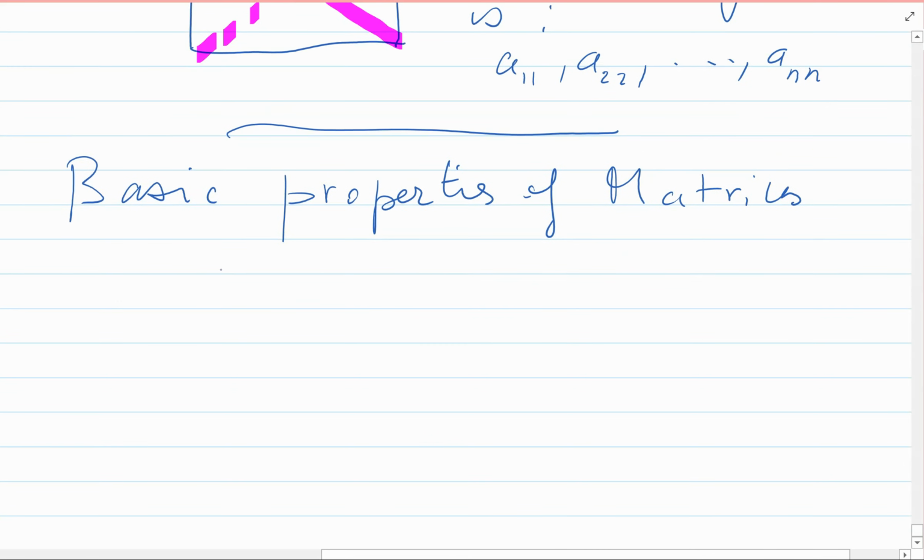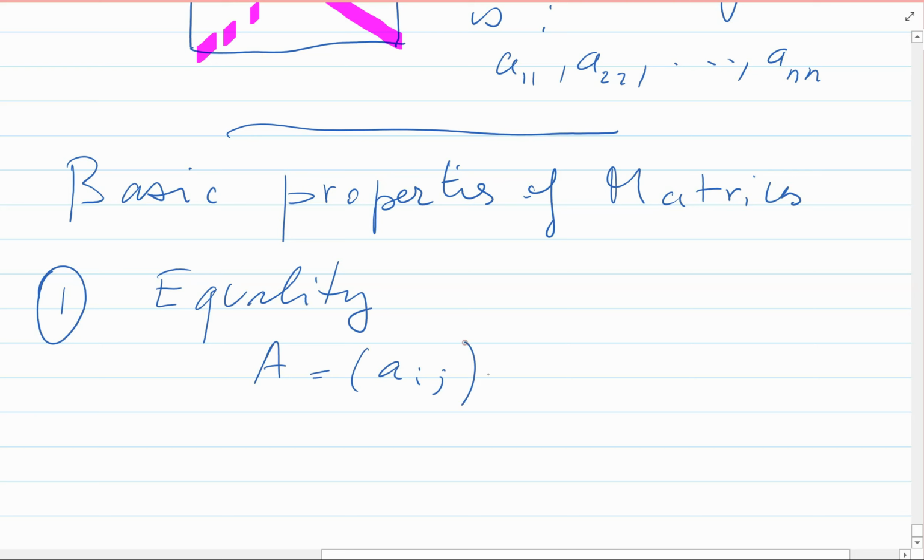What does it mean that two matrices are equal? Equality here. So we have A equal Aij, B equal Bij, and we are talking about the same size.